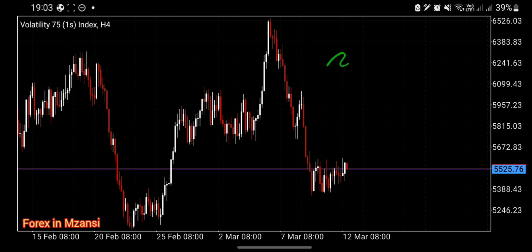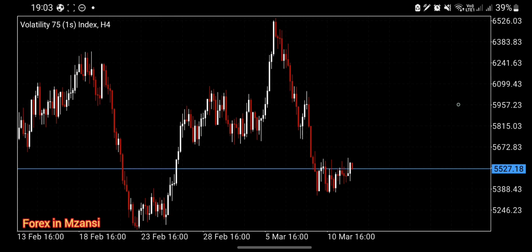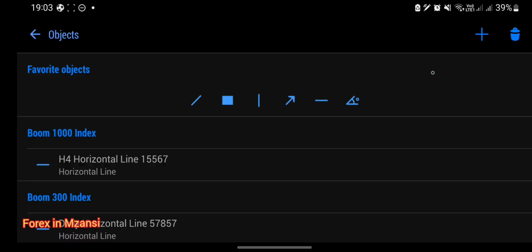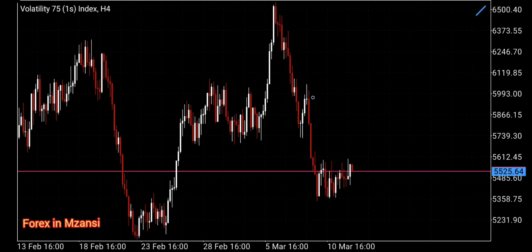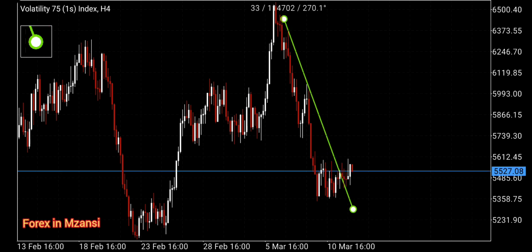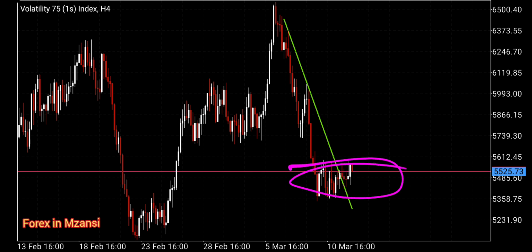Let's just check. We can put a bearish trend line here just to see if this sideways movement that has been going on for over, I think, 2 days or 3, has changed anything. So let's just start it from there and say this is our trend line, right? So our trend line is somewhere there, and when you look at what is happening here, we did break the trend line, but it was not the bulls showing the strength that they want to take out the bearish trend line.